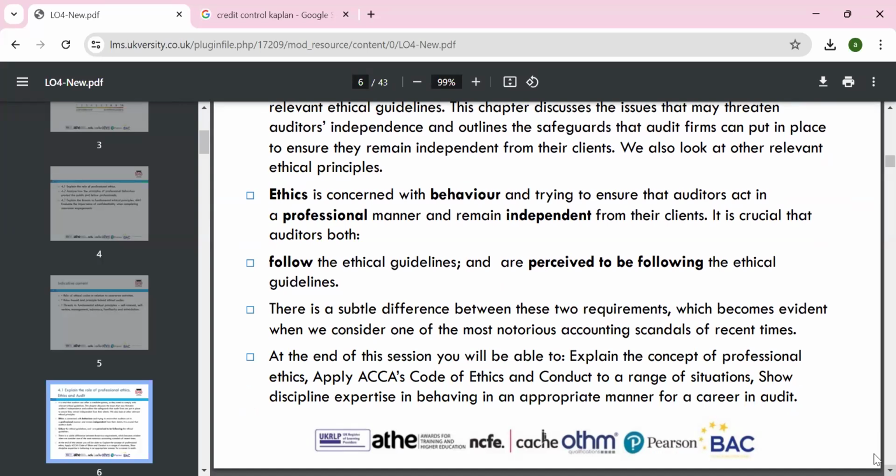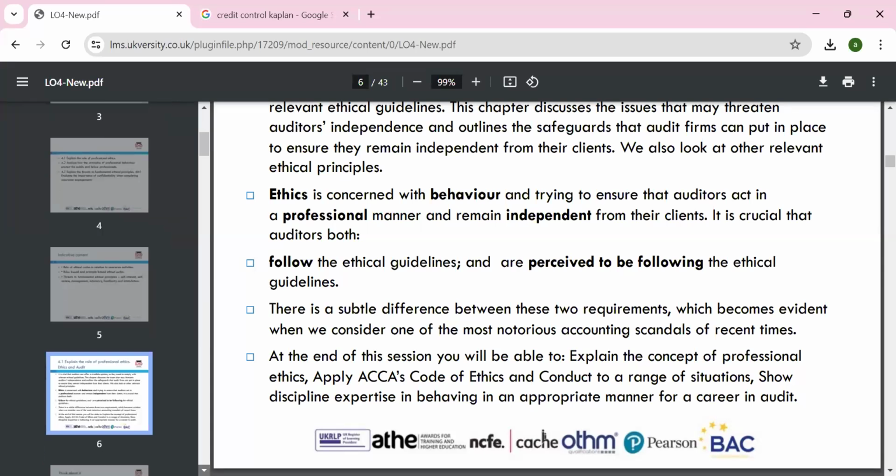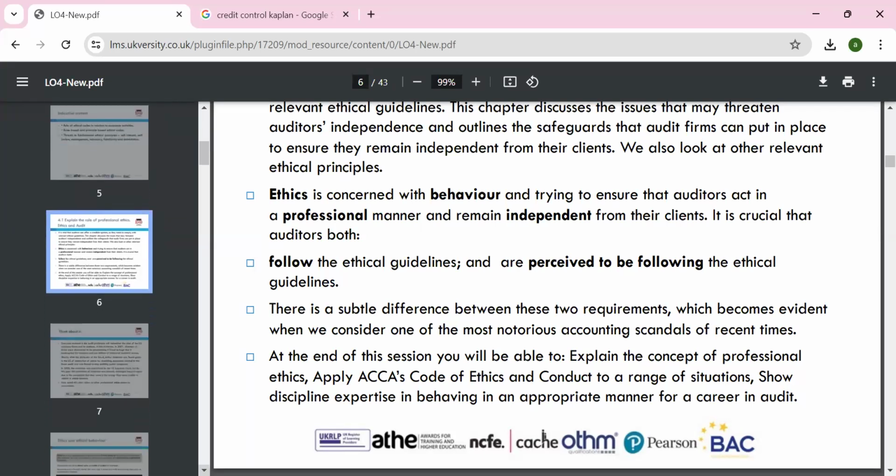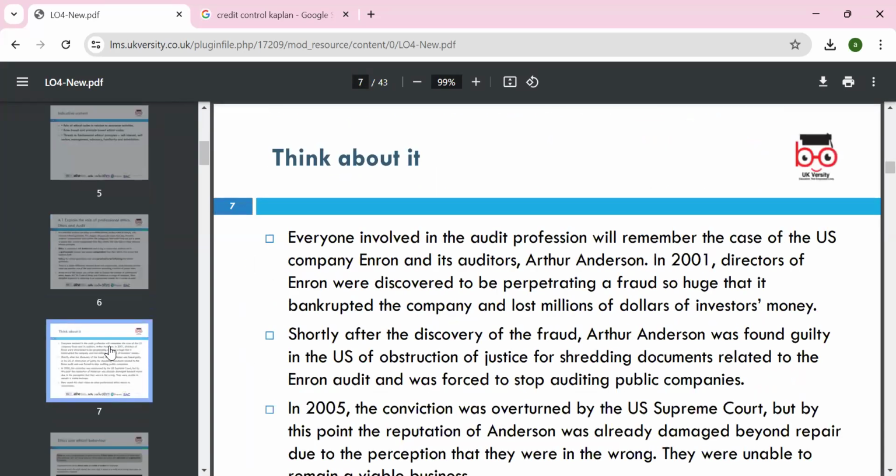Yes, creative accounting, and ultimately it leads to Anderson and various other companies. They lost their credibility, and they even lost their audit license. Everyone involved in the audit profession will remember the case of Enron, which we just mentioned.